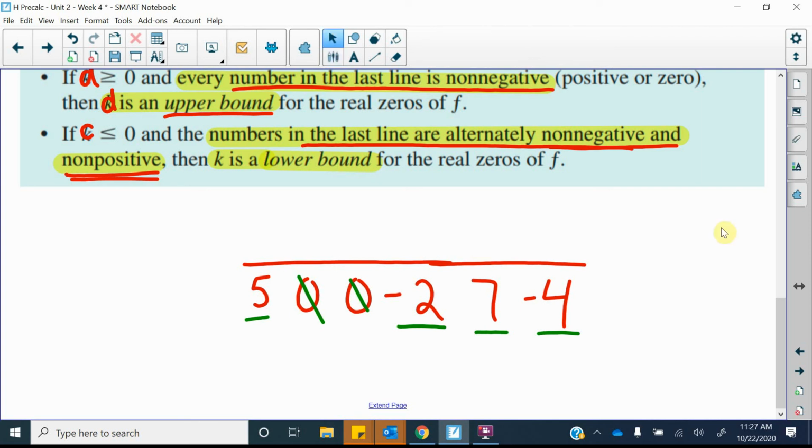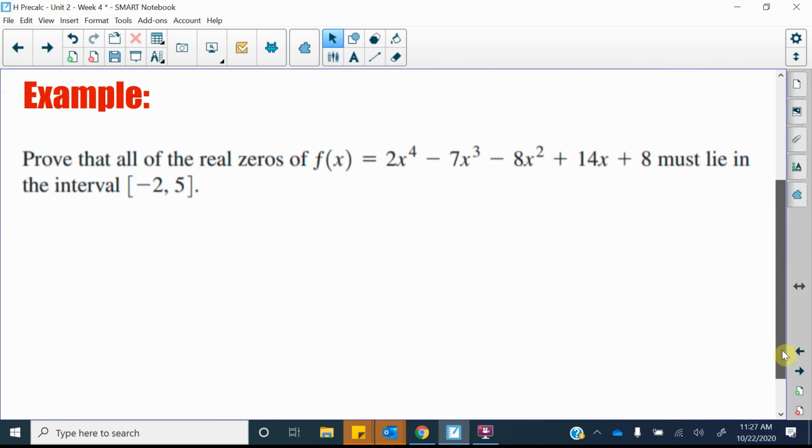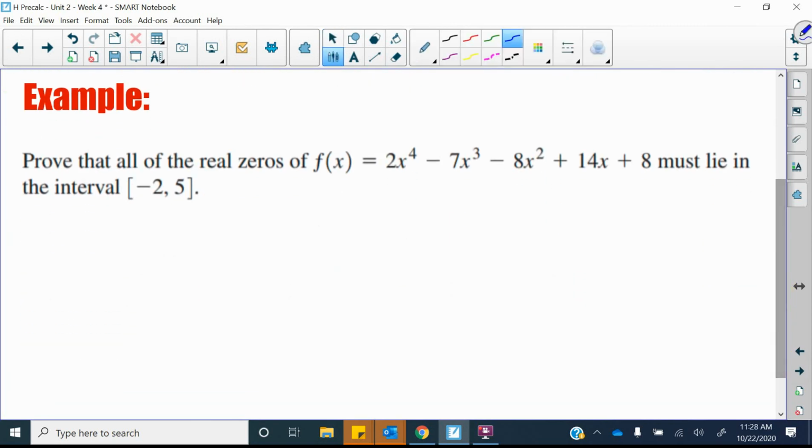So let's show you exactly what I mean by this. I know this wording is a little confusing. But let's say for this problem, we want to prove that all the real zeros of this polynomial lie in the interval of -2 to +5.